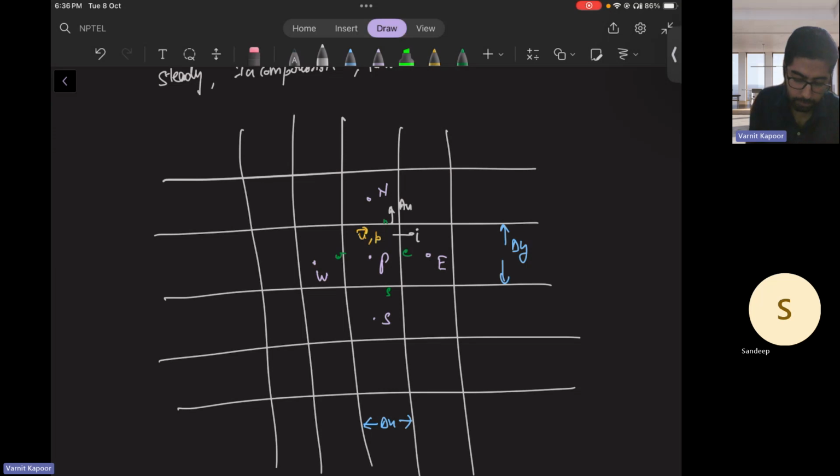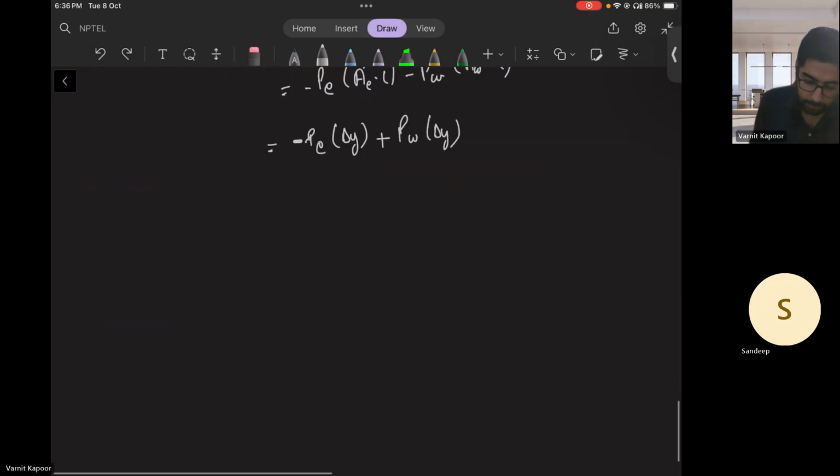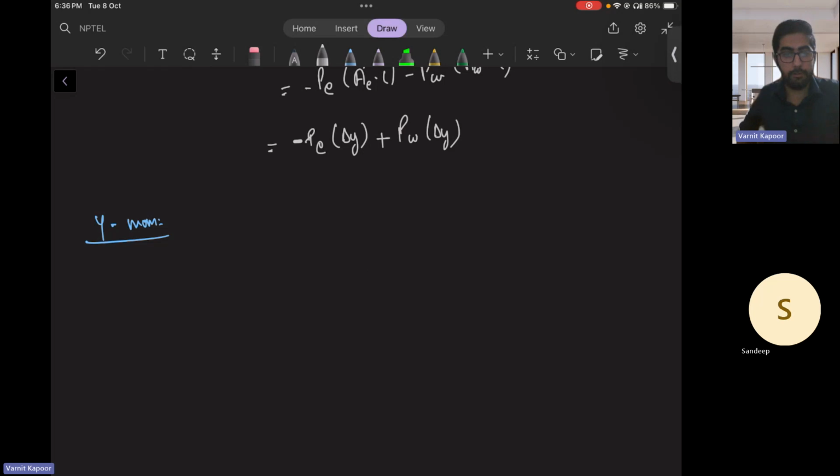So both will be 0. Similarly for Y momentum, the influence of area vectors of north and south will come, east and west will drop out.